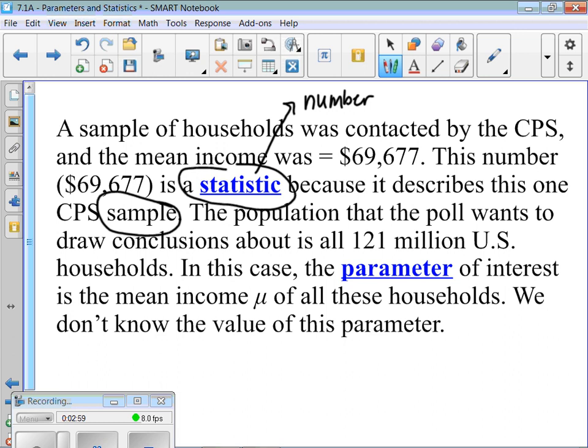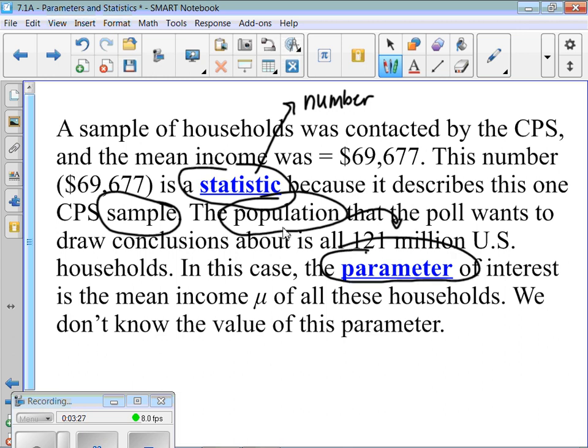The population that the poll wants to draw conclusions about is all 121 million U.S. households. So population is a sentence describing what we're talking about, so it would be all U.S. households. And then we have what's called a parameter. In this case, the parameter of interest is the mean income mu of all of these U.S. households. We don't know the value of the parameter.